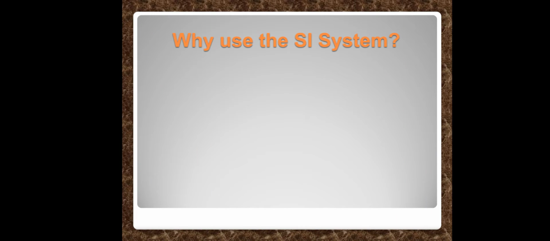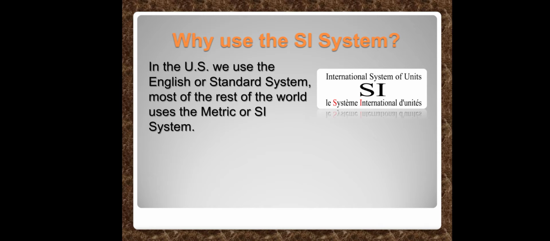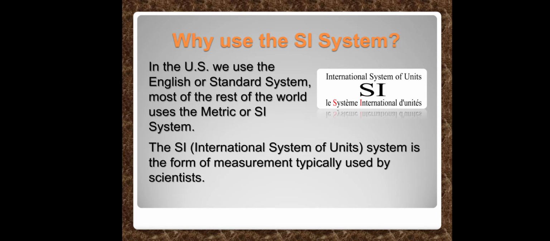Why use the SI system? In the US, we use the English or standard system. Most of the rest of the world uses the metric or SI system. The SI, International System of Units, is the form of measurement typically used by scientists.